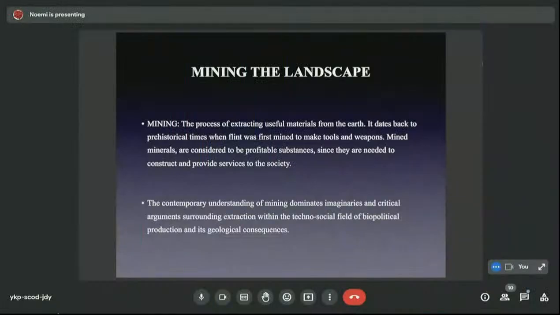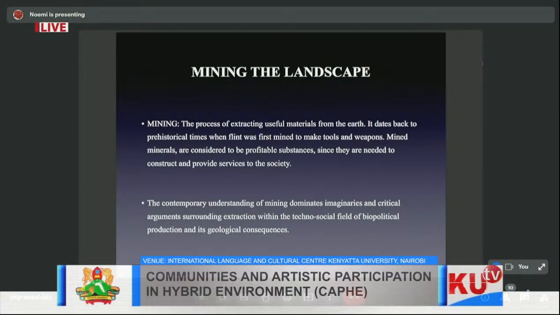And its geological consequences. And this is because right now the dimensions of the mining activities and the consequences they are having for the earth's environment and for the health of the people who are living around the mining areas are starting to be considered when we think about mining.